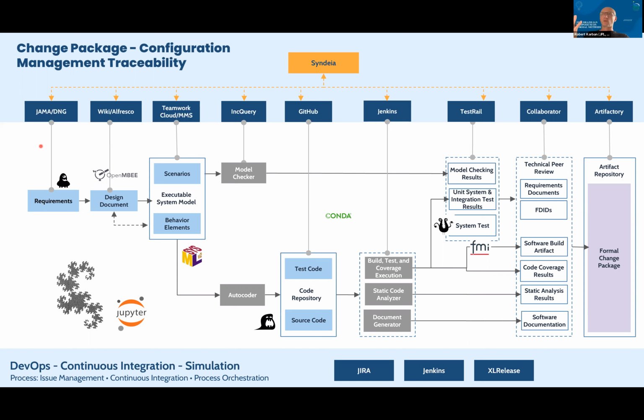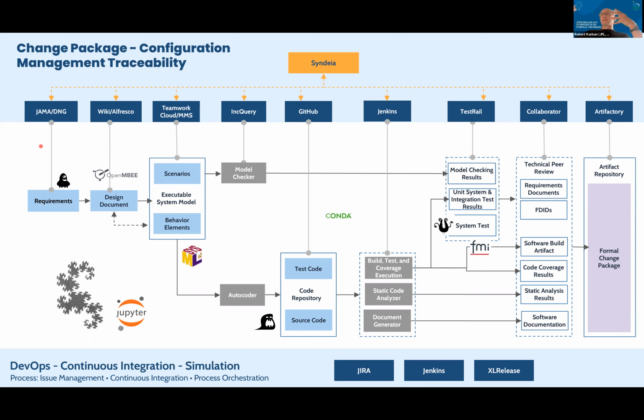So we would have some requirements, some design documents, and an executable system model with behavioral elements and scenarios that we use to author the design documents. Those models would be fed into different things, for example, into a model checker that would produce model checking results.